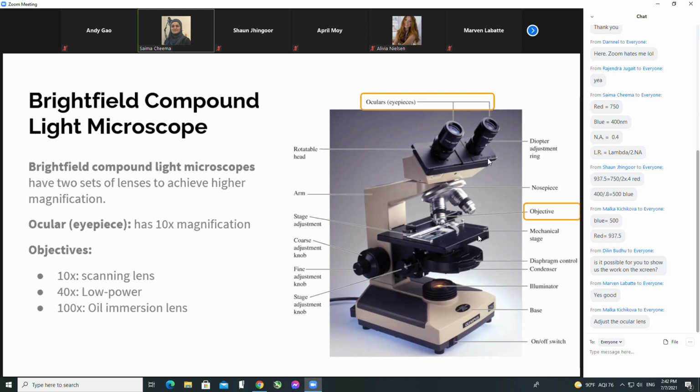And then you can even have these adjustment rings on the ocular itself that help to make the image a little bit better. So you have the ocular lens. Should you be wearing glasses if you wear glasses generally, or would the microscope fix for that?